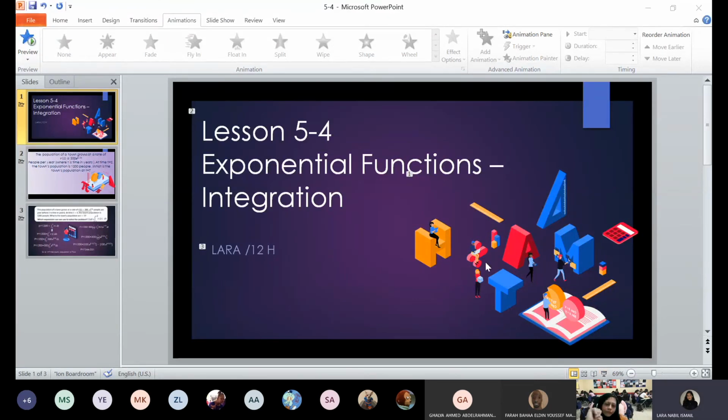Okay. Today we're going to do an exponential function and real life application. The question says the population of a town grows at the rate of R equals 300 e to the 0.3t people per year, where t is the time in years.